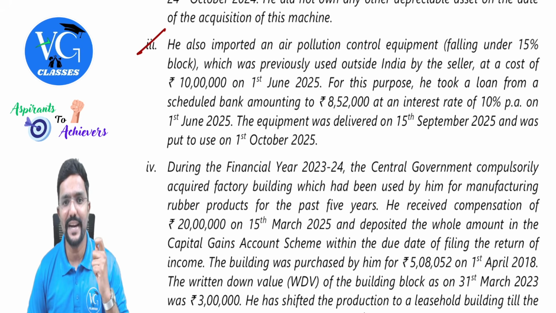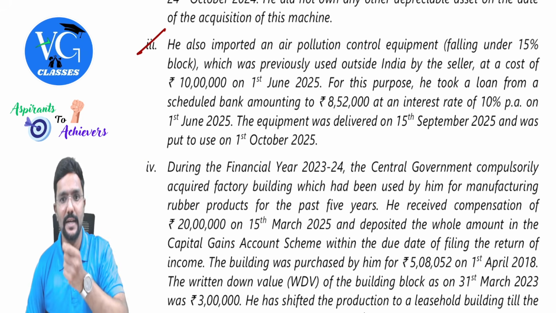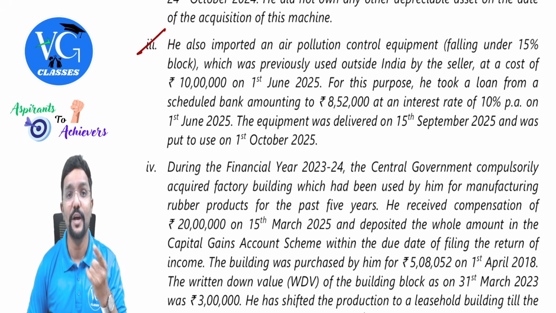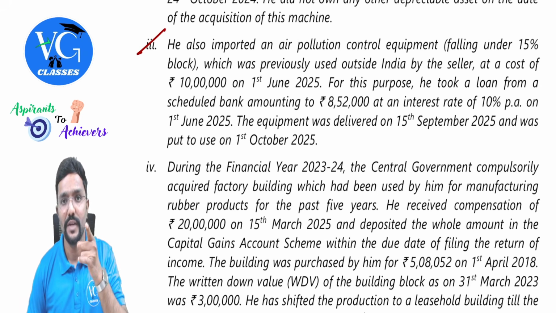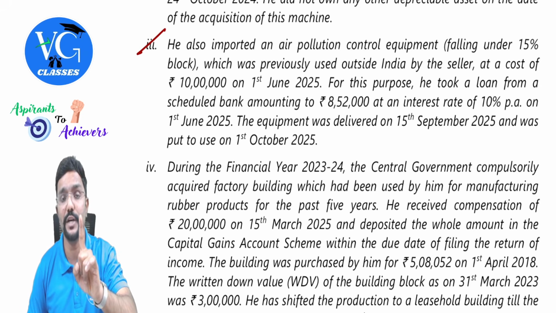He also imported an air pollution control equipment falling under the 15% block, which was previously used outside India by the seller, at a cost of 10 lakh on 1st June 2025. Guys, as it is already used outside India, no additional depreciation on it. Even though it falls under the plant and machinery block, even though the assessee is engaged in the manufacturing business, no additional depreciation.